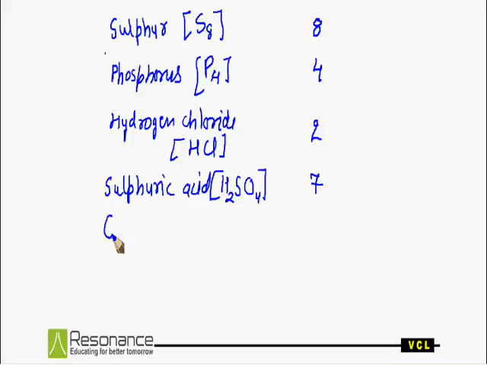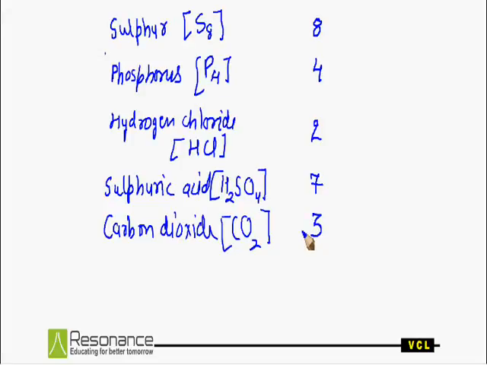And for carbon dioxide, the molecular formula is CO2. As we see, 1 atom of carbon and 2 atoms of oxygen are present in one molecule of carbon dioxide. The total is 3. So the atomicity of carbon dioxide is 3.